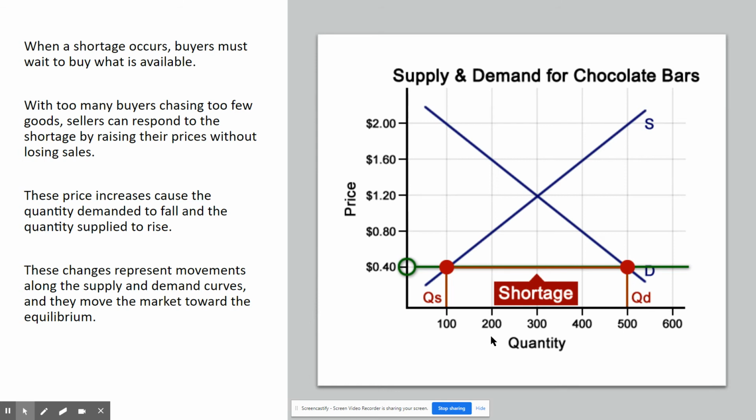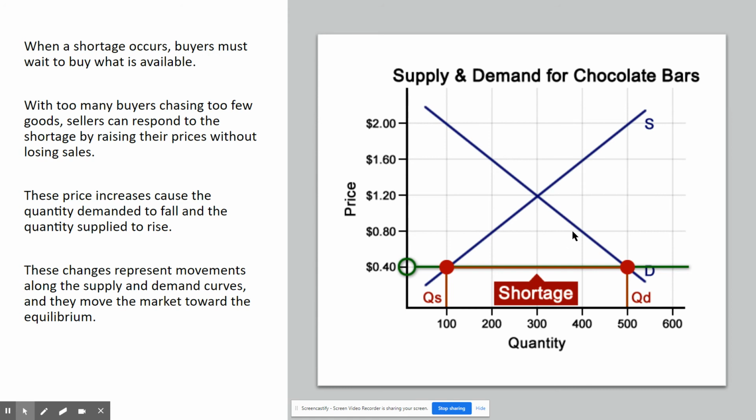So you take 500, subtract 100, meaning you are short 400. So there is a demand of 400 more than you're creating. It's being sold at 40 cents, the price is too low, and there's too many people buying it, and it's created a shortage.